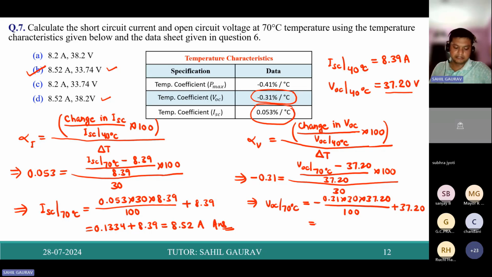So it will be 33.74 volt. So B is the correct answer.